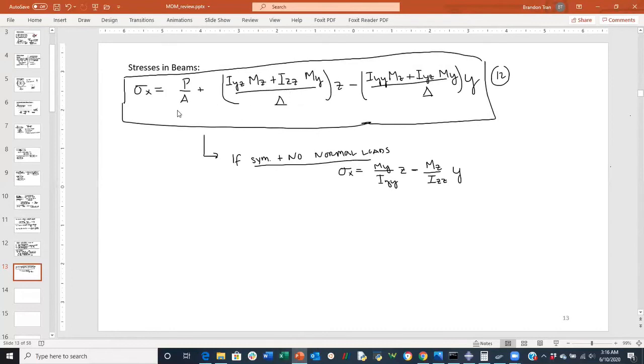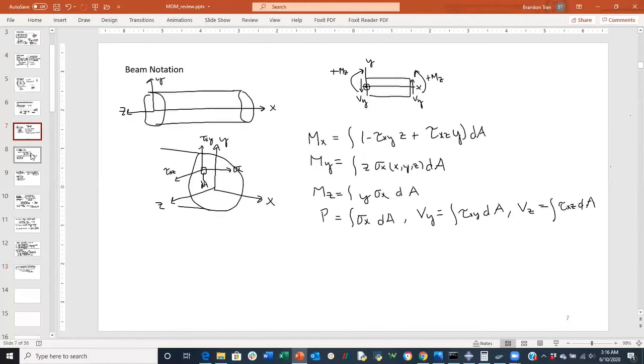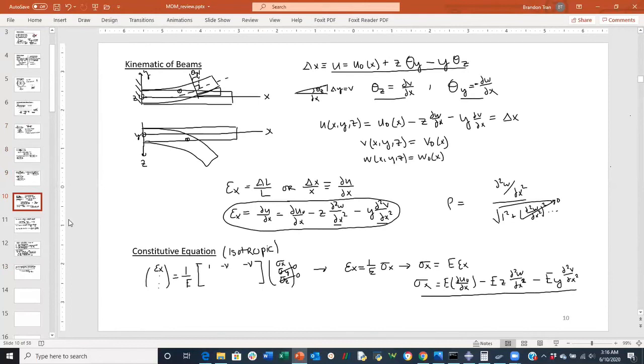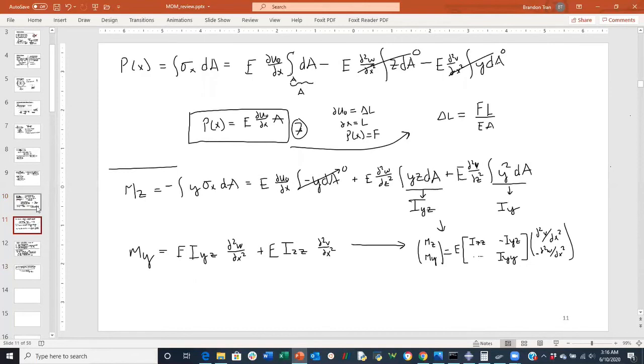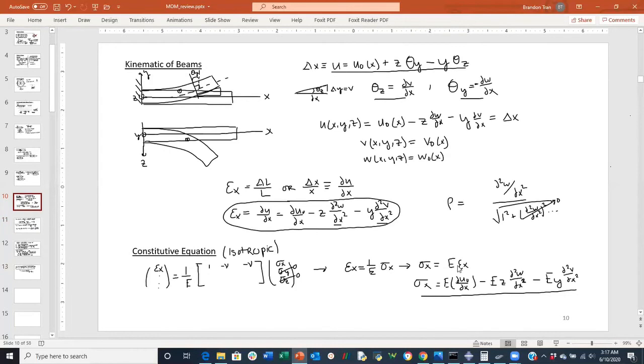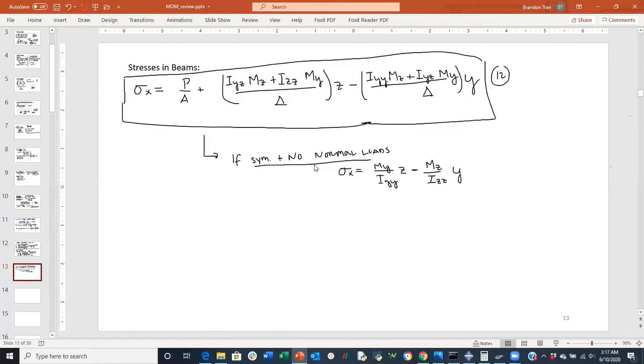So, oh, by the way, the P over A, just for numerical completion, we've established somewhere in the stress equation right here that if I move the A here, E times du, or the differential of the displacement in the midplane with respect to x, times the Young's modulus equals the normal load divided by A, which we substitute into the stress equation. So for completeness and numerical sakes, that's why that's there.